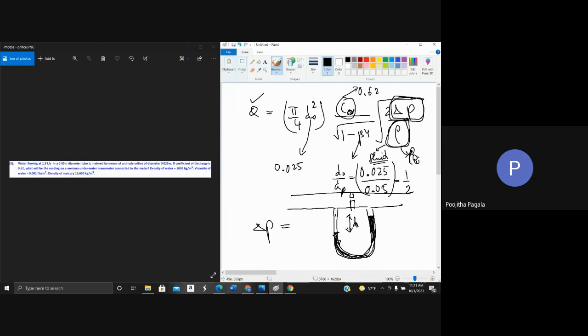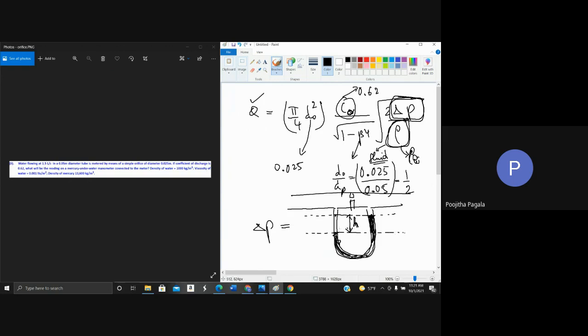So let us consider 2 points at the same elevation. These two are the points we considered, one point and another point, in the same plane.